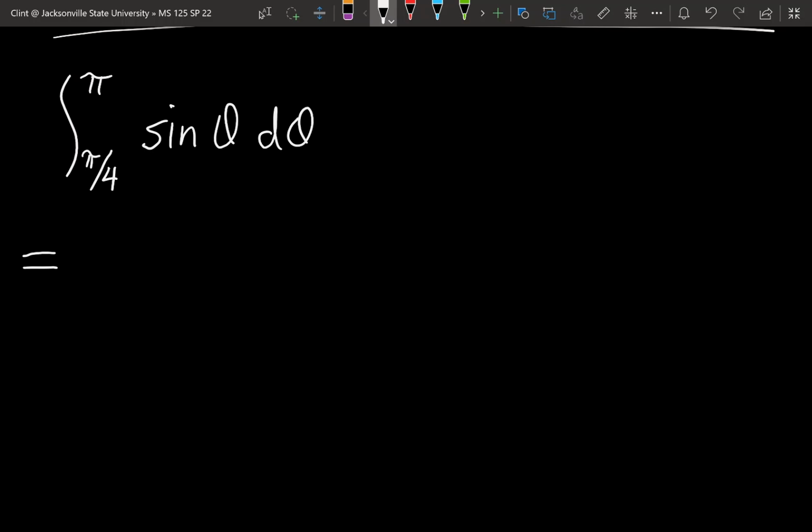You can either remember it or you can figure it out. We got to have something that when we take the derivative, we get sine. So minus cosine, or negative cosine, is the antiderivative. And you can check it, right? If you take the derivative of negative cosine, you'll get negative sine. So that's positive sine. And then we want to evaluate this from pi over 4 to pi.